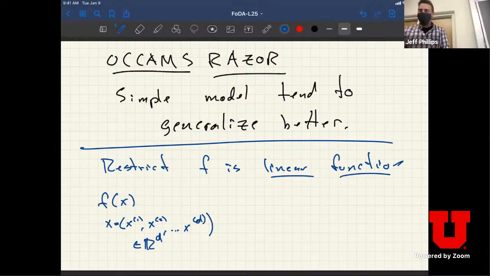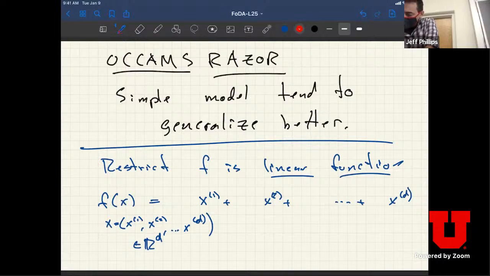Again, this is a d-dimensional vector. So we'll use a model which looks like alpha 1 x1 plus alpha 2 x2, up to plus alpha d xd, and we'll have an alpha 0 in front here.